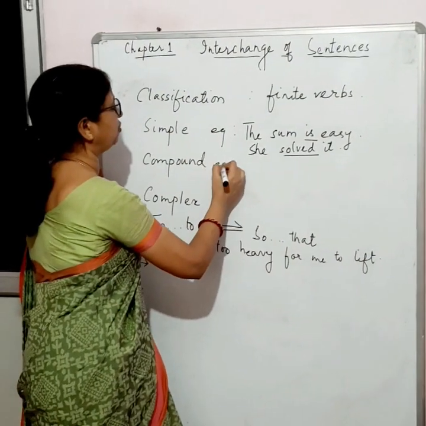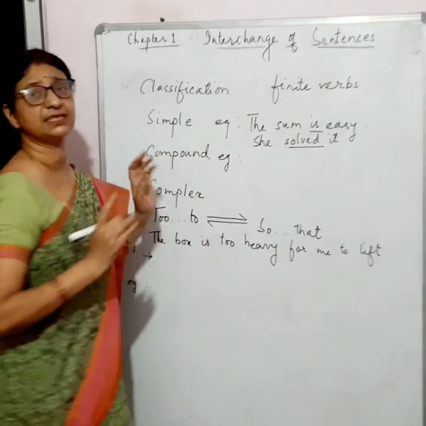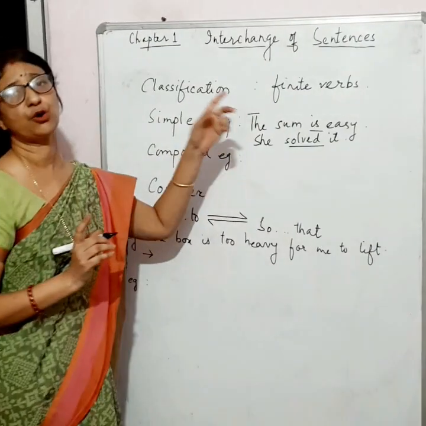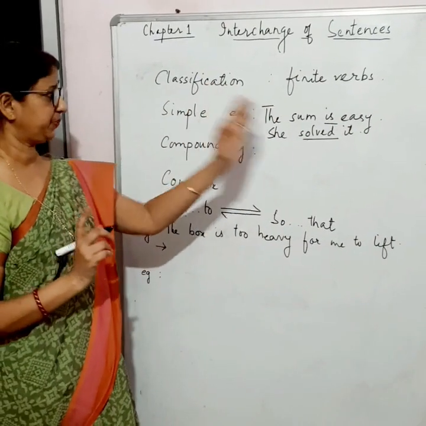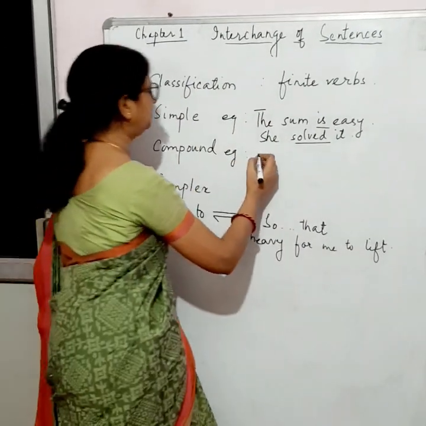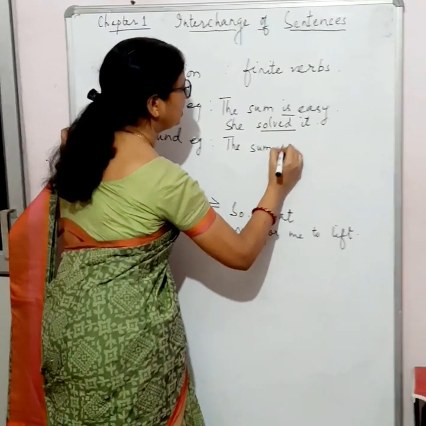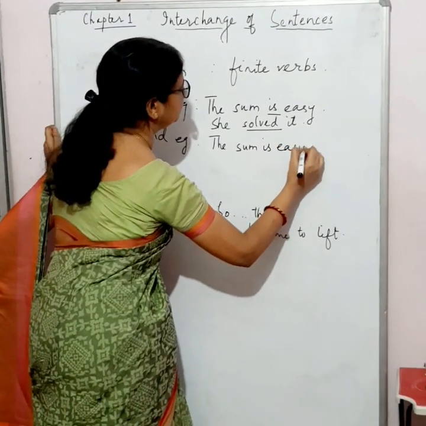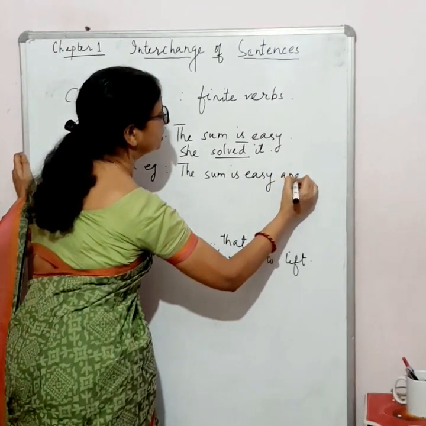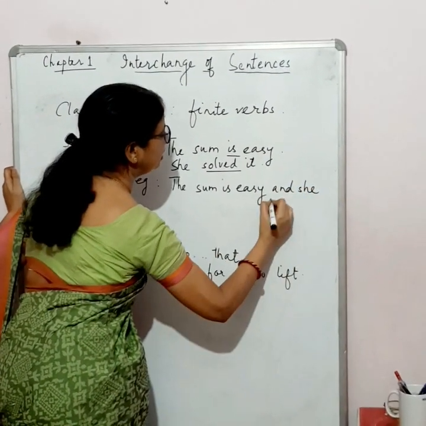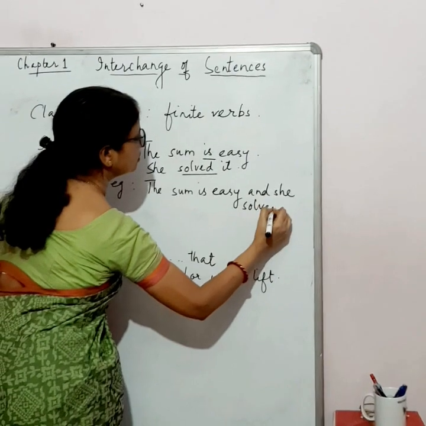Second type, compound. Compound sentences may have two or more than two finite verbs. For example, the sum is easy and she solved it.